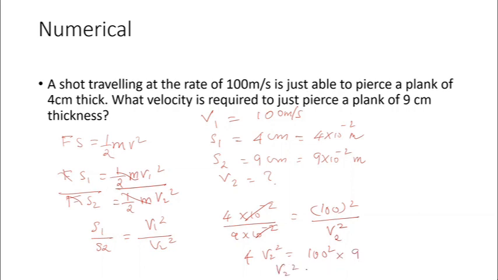So V2 square is 100 square into 9 by 4, and we get V2 as 10 into 3 by 2, that is 150 meter per second. The value F we have taken as the resistance of the plank. That is why we could take it as a constant.